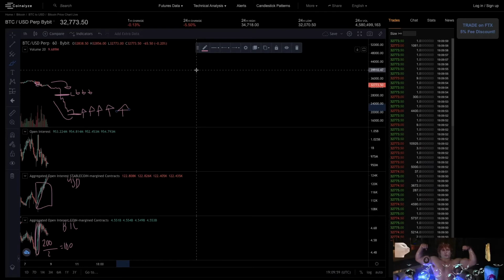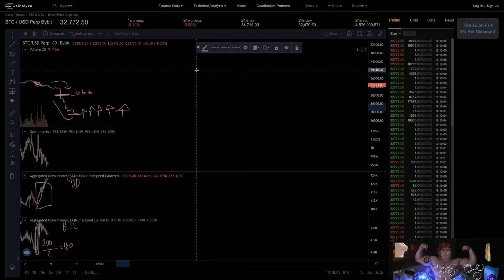So for every $1 fill you see in trade history, open interest is either moving up $2, staying flat, or moving down $2. That's how it works.